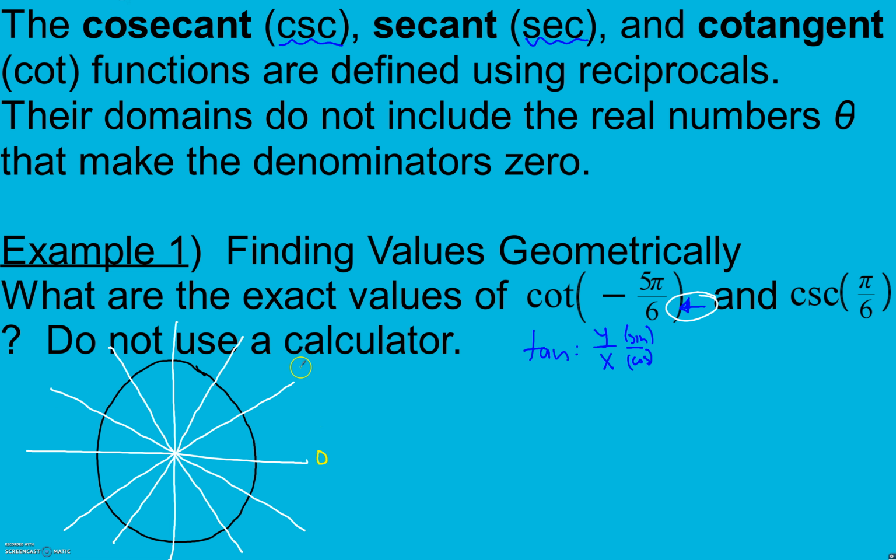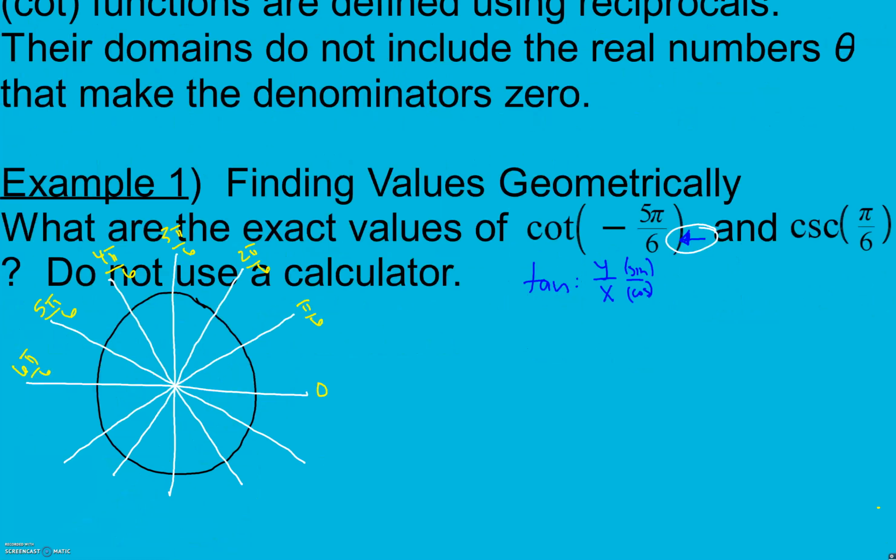I have 0, pi over 6, 2 pi over 6, or pi over 3, 3 pi over 6, or pi over 2, 4 pi over 6, or 2 pi over 3, 5 pi over 6, 6 pi over 6, or just pi, okay? But we don't want positives, so it works the same way in the negative direction.